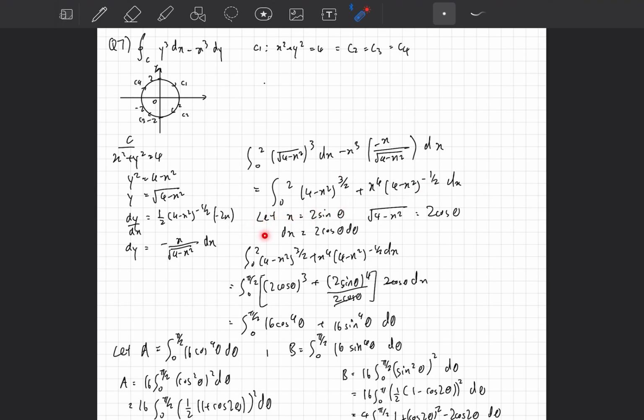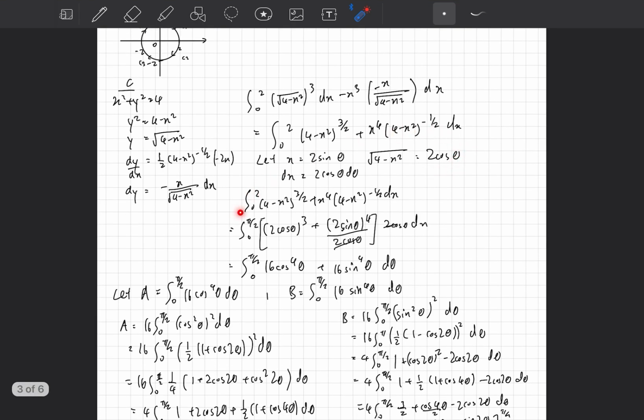Alright, then I let x equal 2 sin theta. The dx will be 2 cos theta d theta. Then the square root of 4 minus x squared will be 2 cos theta. Then substitute into the equation and get (2 cos theta) power 3 plus (2 sin theta) power 4, d theta.